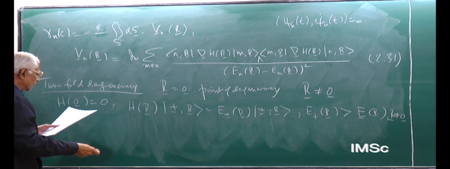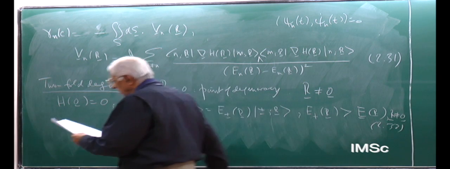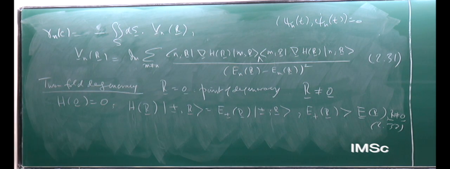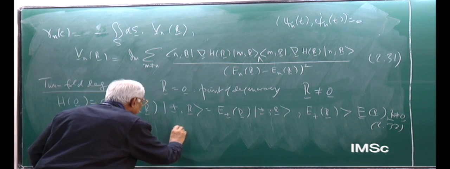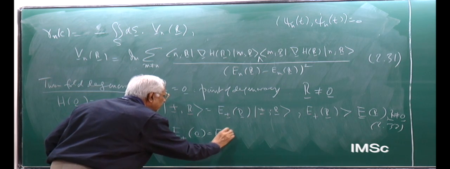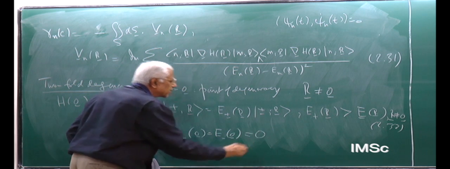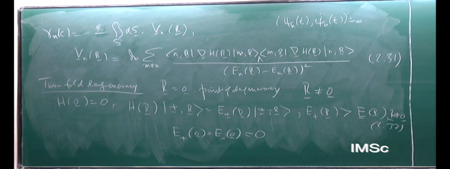And you can convince yourself, now all this is equation 232 in the notes, you can convince yourself with the help of Pauli matrices, because this is a two-dimensional quantum mechanical problem now. I will add one more equation here, and that is at the point of degeneracy, the two become the same, and we have adjusted it by shift of the energy to say both of them are 0 for simplicity.